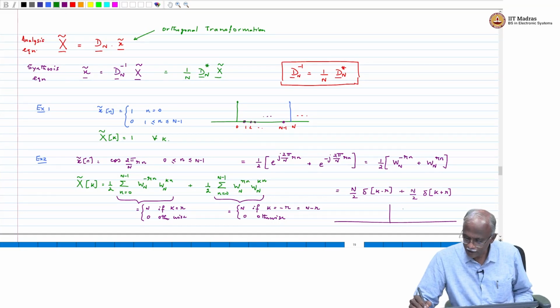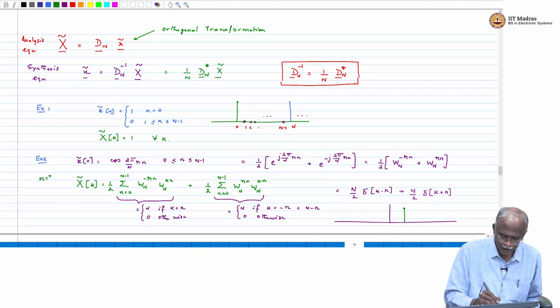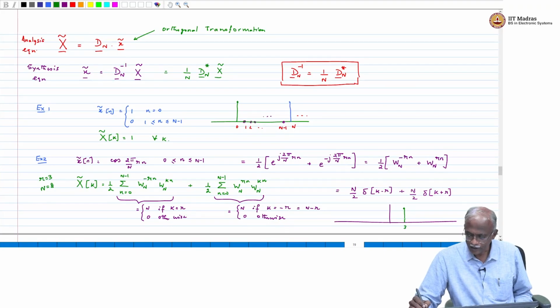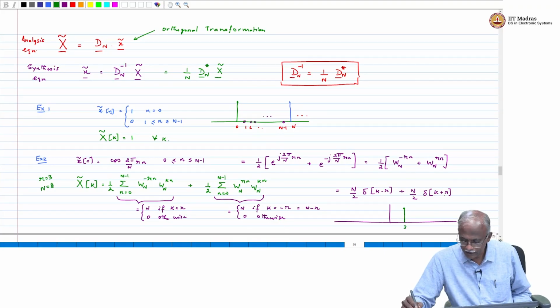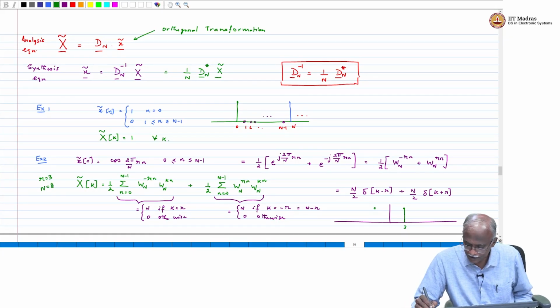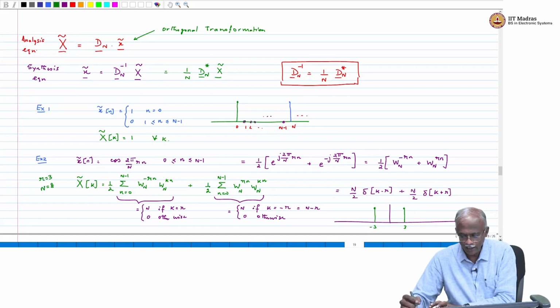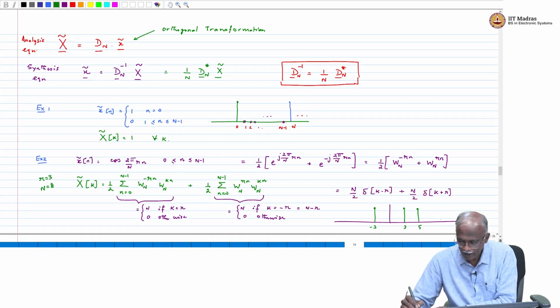You will get a delta function. Let's take r equal to 3, and N equal to 8. So this is 3, when k equals r, and the other term will come when k is equal to minus r, or minus 3. This is the same as N minus r. So N is 8, and so basically this will be equal to 5. This is your period 8, and 8 plus 3, 11, will also be there with the delta function.